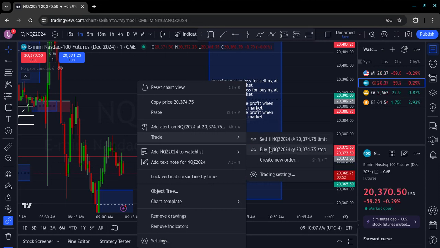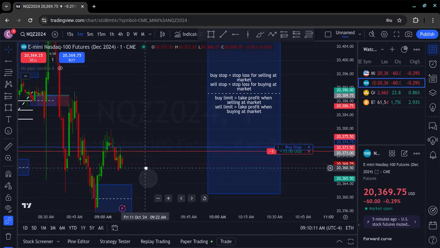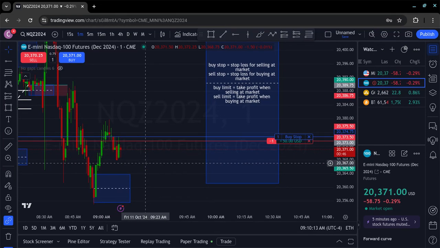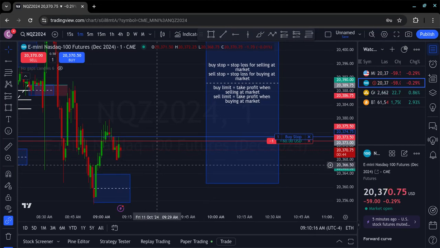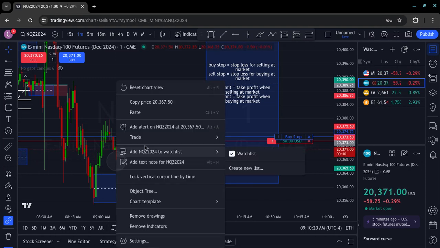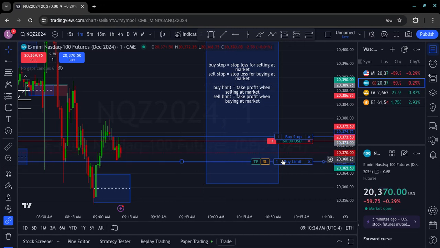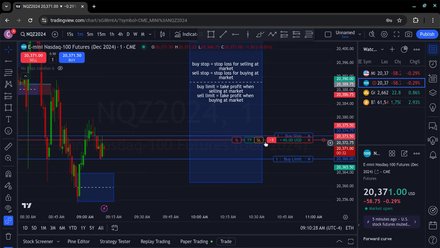So your stop loss will be a buy stop, and for your take profit it would be a buy limit. I'll just use the low of this candle. Buy limit, you can drag it. Now I'll just wait and let it show y'all that it works.